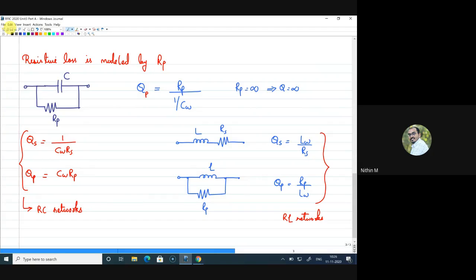Now let us see. Let us consider both the series RC and a parallel RC section. Let us consider either an RC or RL network, and let us see for which values these parallel and series networks are equal.